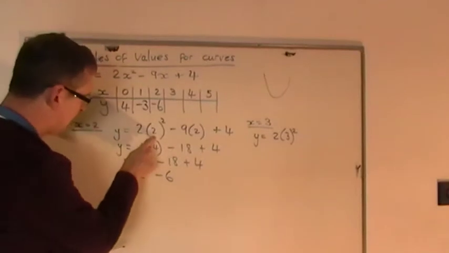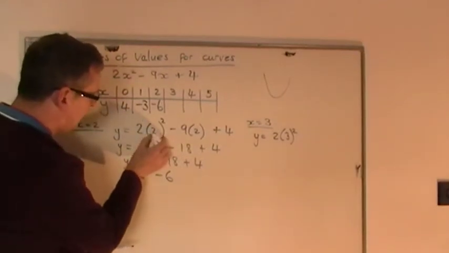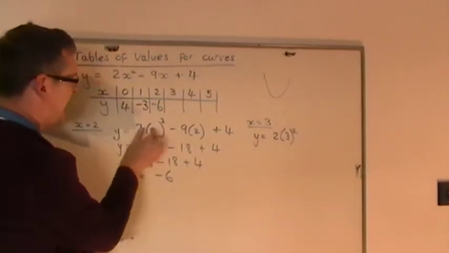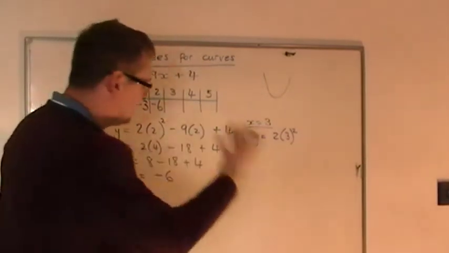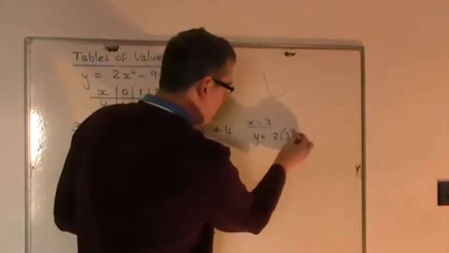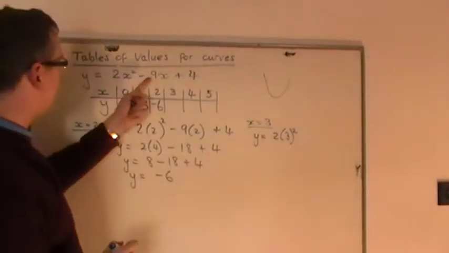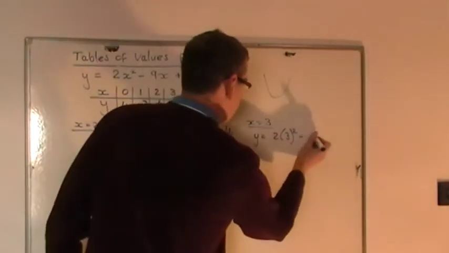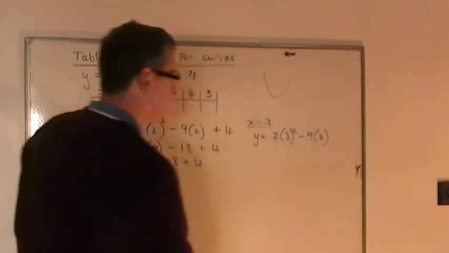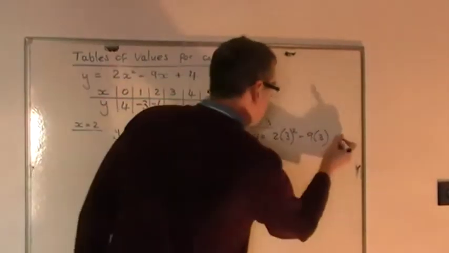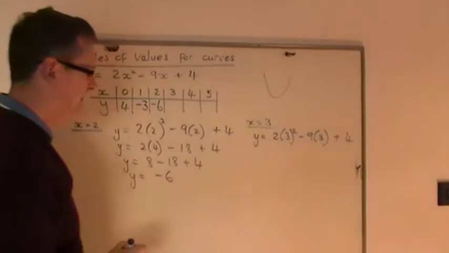So I'll put the 3 in a bracket and then square it, and then afterwards times by 2. Minus 9 times x, so minus 9 times 3. Plus 4.